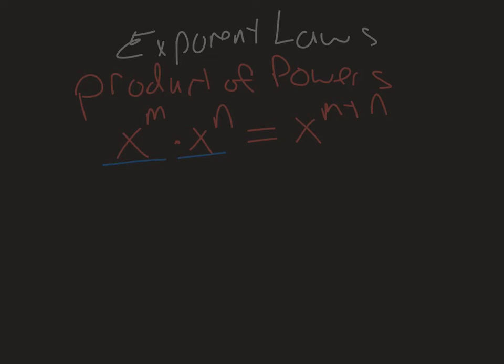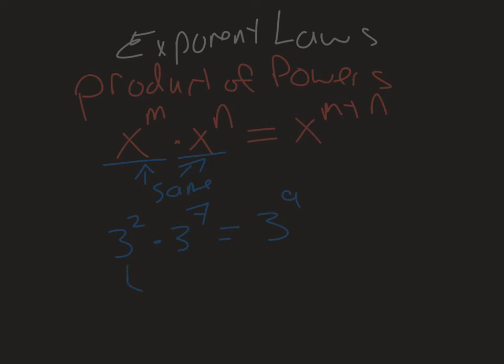Note that these two bases have to be the same. So if I'm looking at 3 squared times 3 to the 7th, well, this would be 3 to the power of 9. I can just add the exponents as a shortcut.